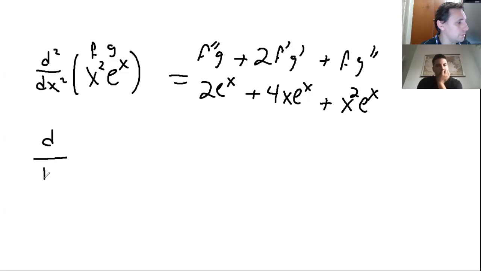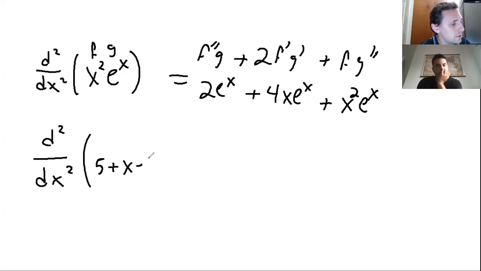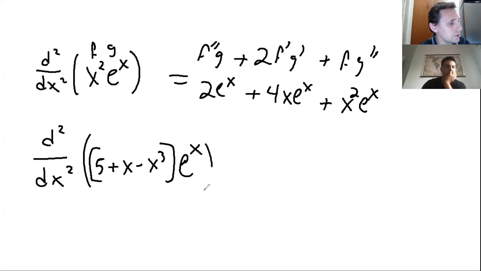Let's do one more before you leave. I'll keep it simple. Two derivatives, let's have it as maybe 5 plus x minus x cubed, and again, for lack of imagination, e to the x. Find the second derivative of that, please, and then goodbye.